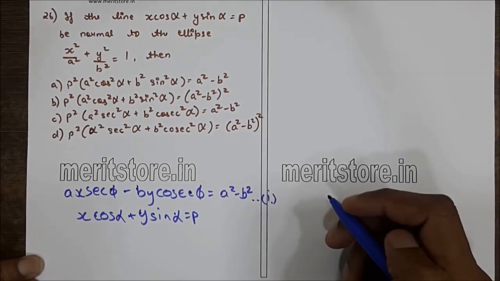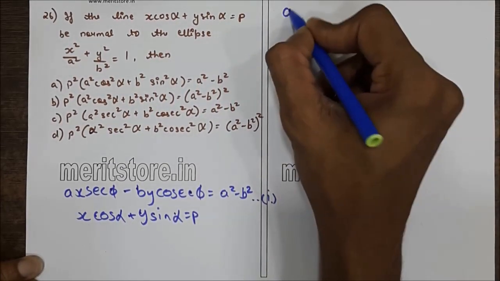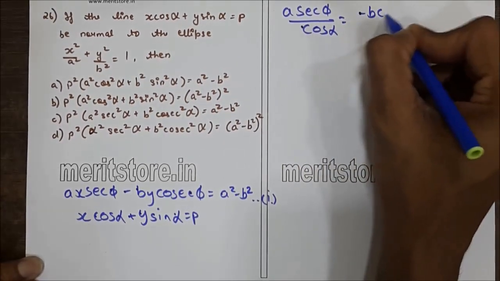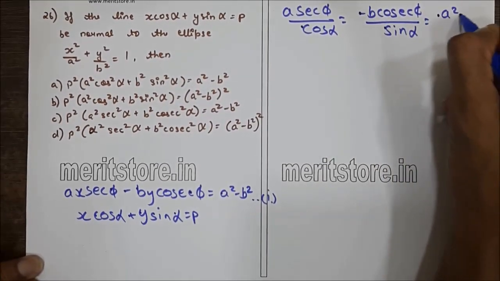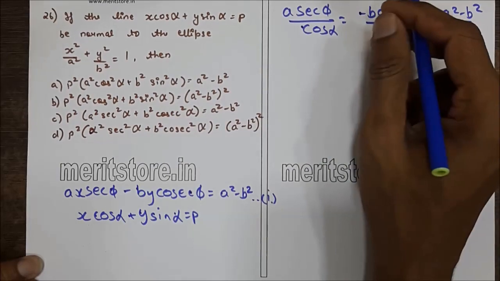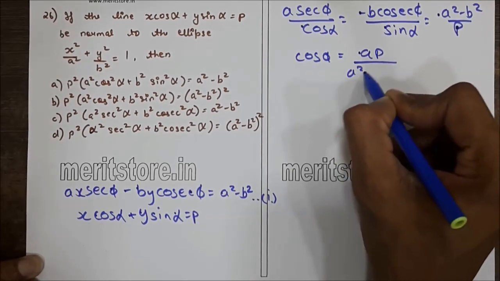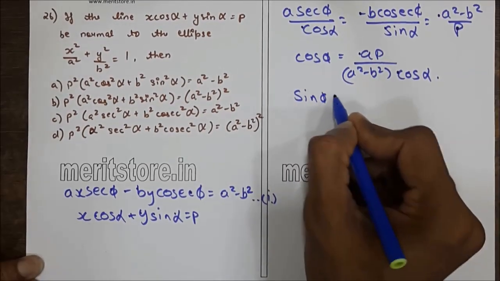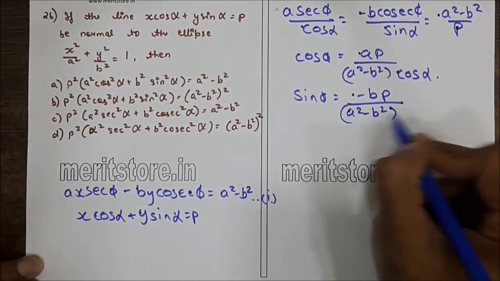If 1 and x cos alpha plus y sin alpha equal to p represent the same line, so we get a sec phi upon cos alpha equal to minus b cosec phi upon sin alpha, which is equal to a square minus b square upon p. Solving this, we get cos phi is equal to ap upon (a square minus b square) into cos alpha, and sin phi equal to minus bp upon (a square minus b square) into sin alpha.